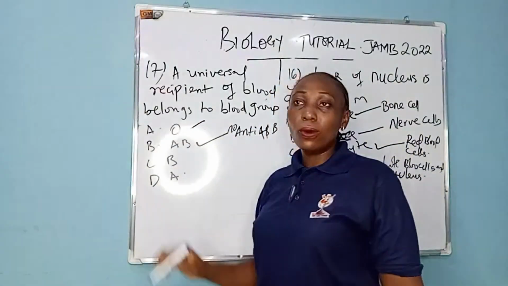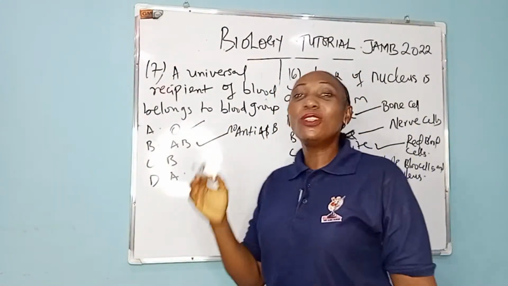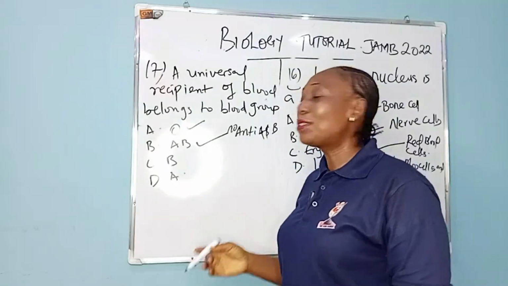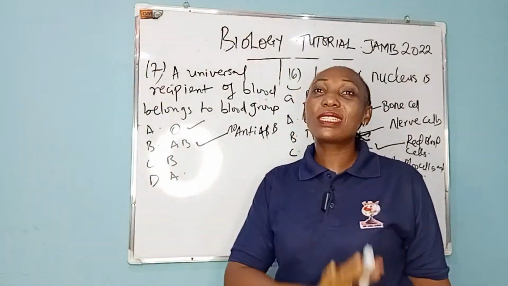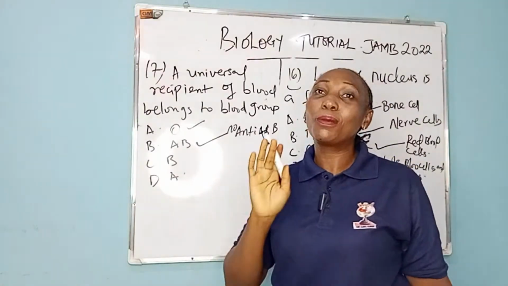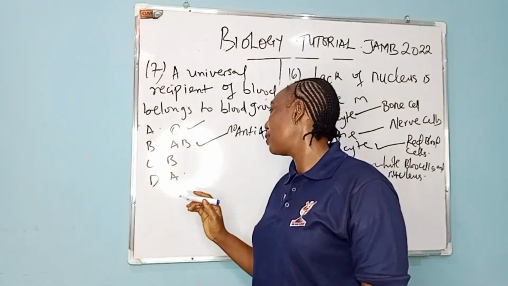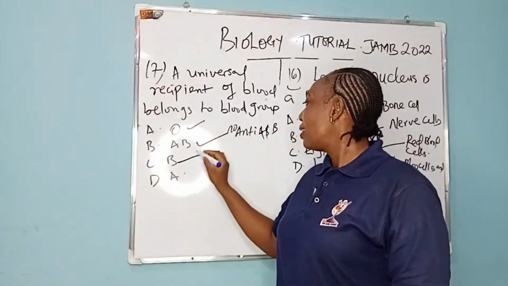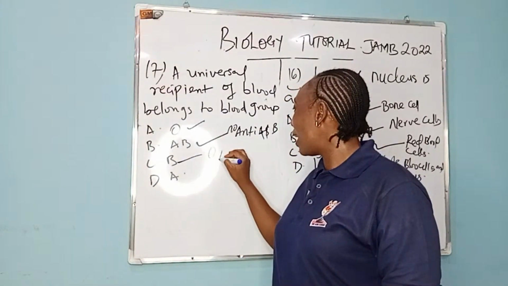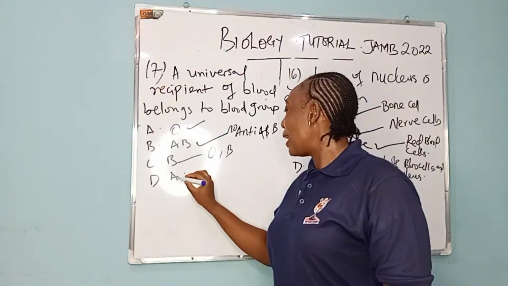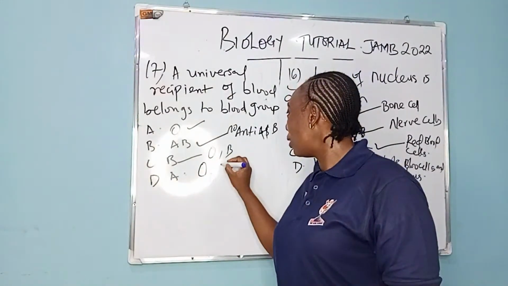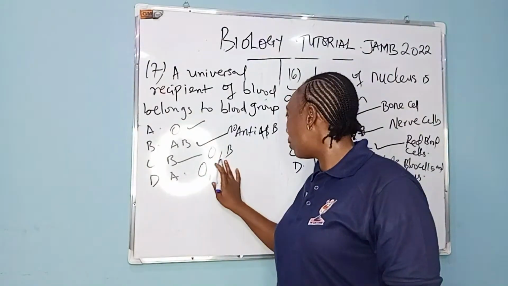Blood group O is called a universal donor. It gives blood to every other blood group, but cannot accept from them except from blood group O itself. This one accepts from blood group O and blood group B only, while this accepts from blood group O and blood group A only.